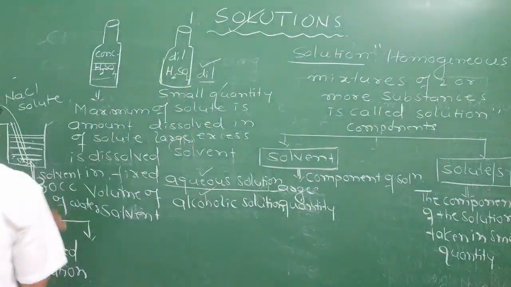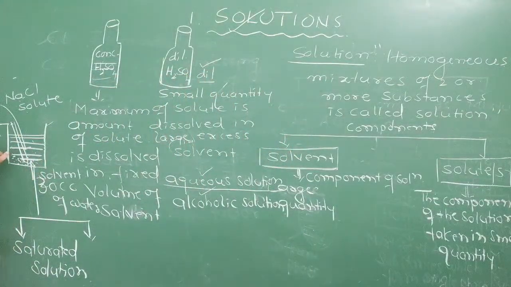Similarly, every solvent at a given temperature will have the capacity to dissolve a certain fixed quantity of the solute. Once its capacity is over, it cannot dissolve any more, even if you shake it well. Then it is called a saturated solution. We are going for classification of the solution.